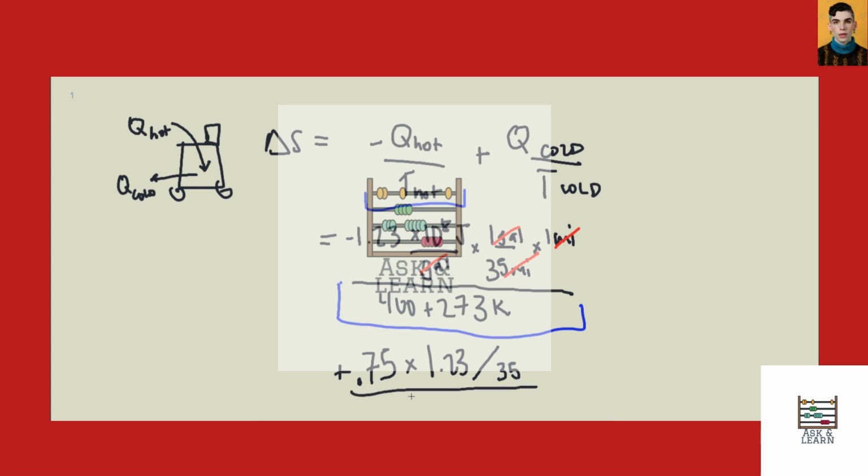And then this reservoir is at 20 degrees C, so it's 20 plus 273 Kelvin. All right, and so you basically need to just sum these two terms. Here, I'll just make it clear and symmetrical. There we go.